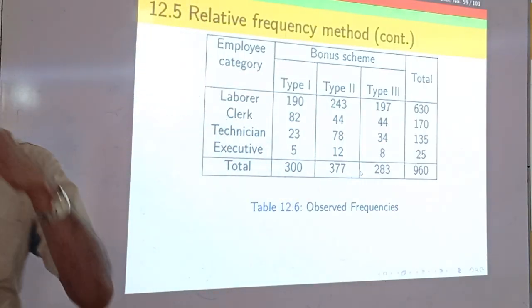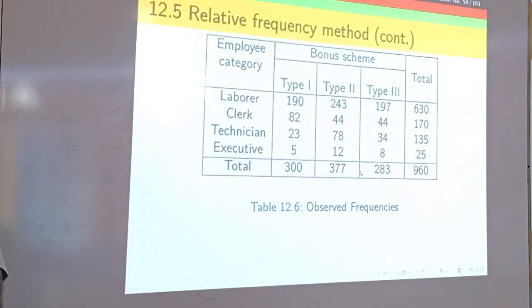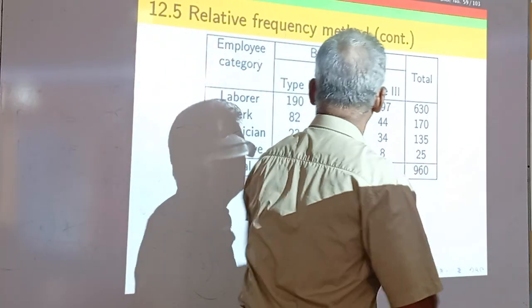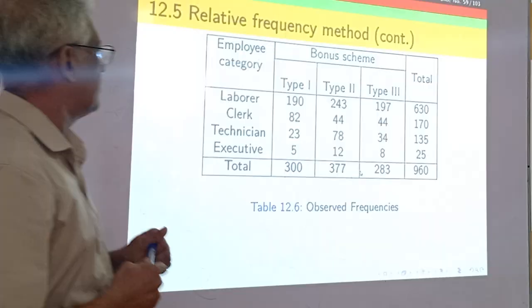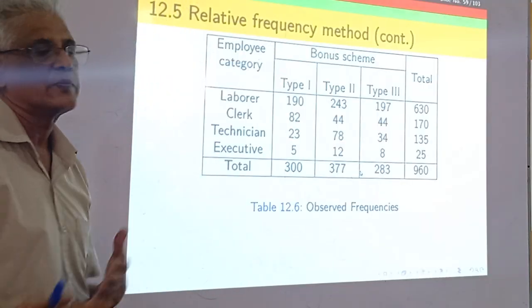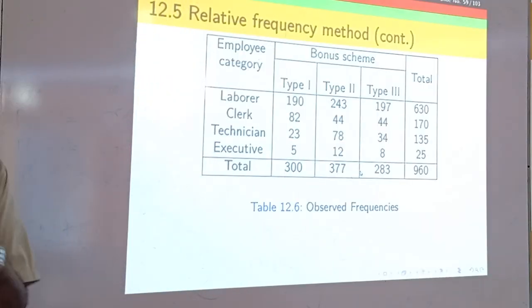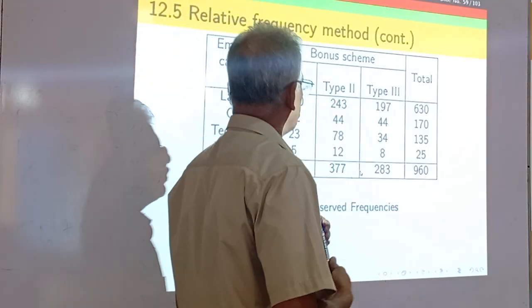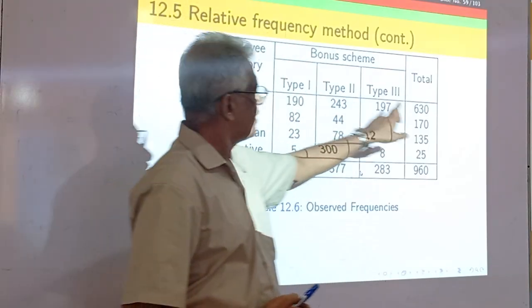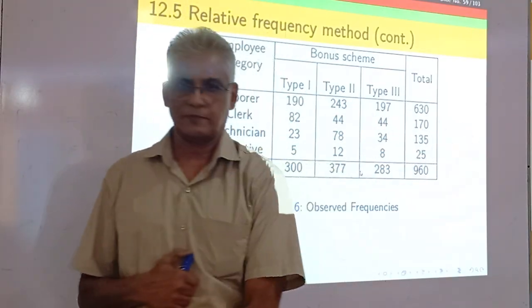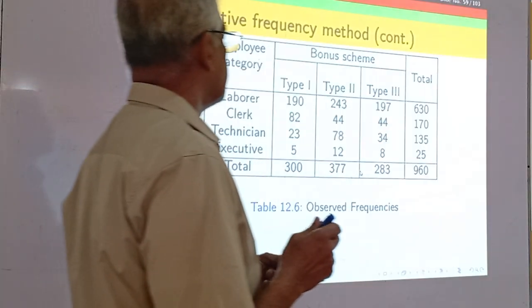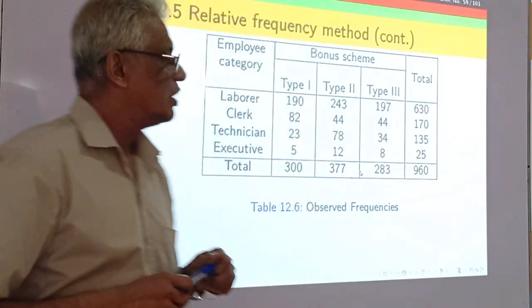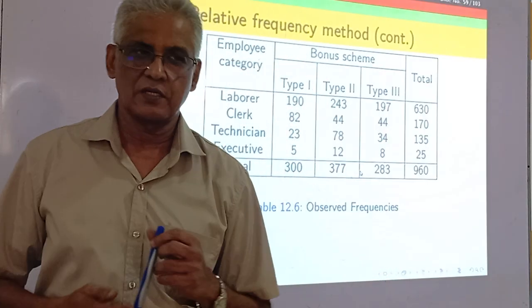Now, not from the whole sample of 960, we are restricted to clerks only. So the probability that the person has type 2 given that the person is a clerk is equal to 44 divided by 170. That is called the conditional probability: the conditional probability that the person has type 2 given the person is a clerk.